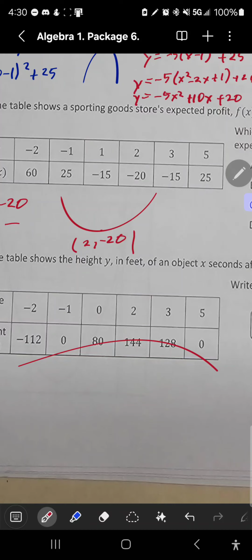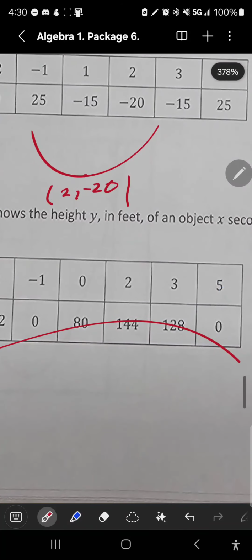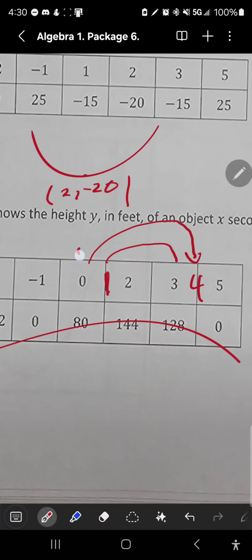We do not have it, but we can infer it. As you can see, we are missing one here, and we are missing 4 here. So 1 will go with 3, and 0 will go with 4.